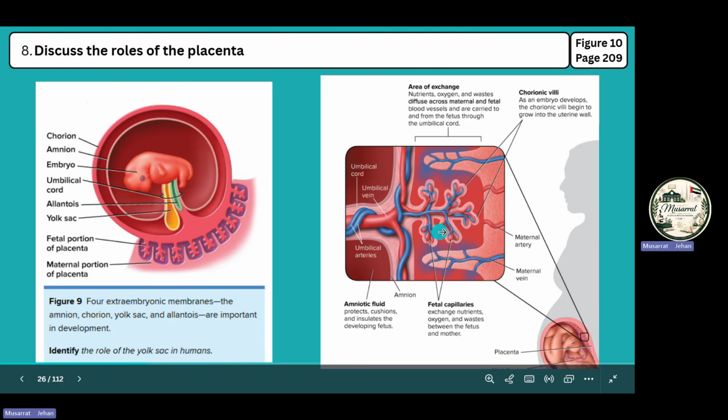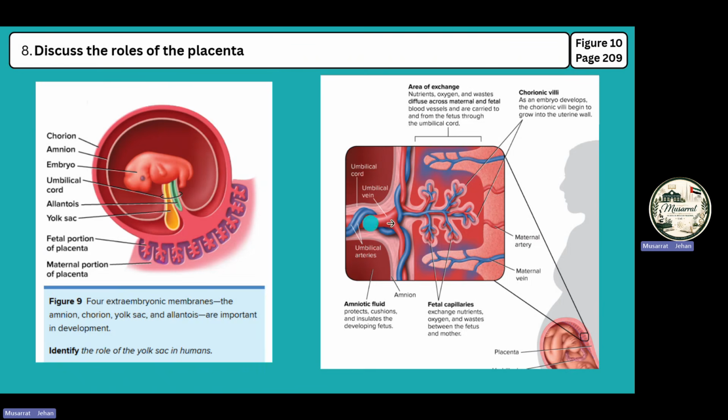So this is where the exchange of substances takes place between the mother and the fetus. Nutrients, oxygen, and waste diffuse across maternal and fetal blood vessels and are carried to and from the fetus through the umbilical cord. So there is a fetal side and there is a maternal side. This is the maternal vein and this is the maternal artery.